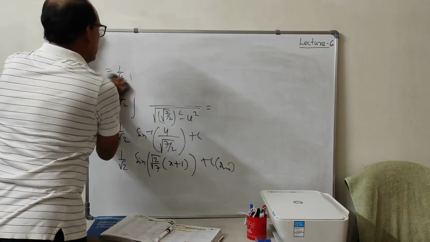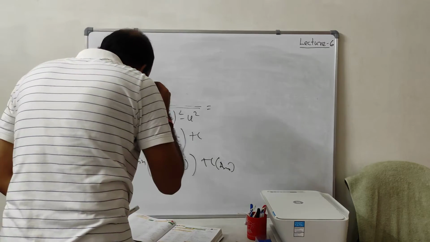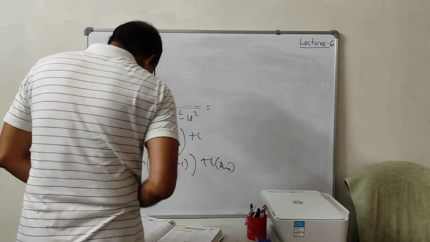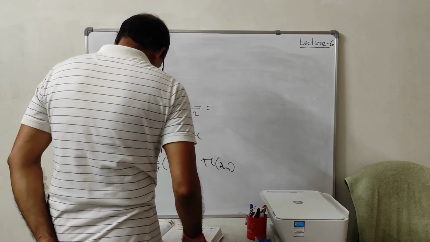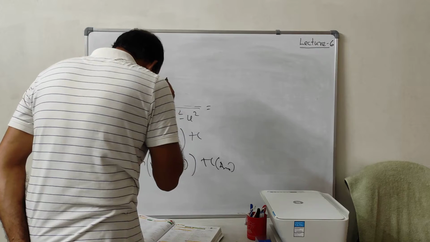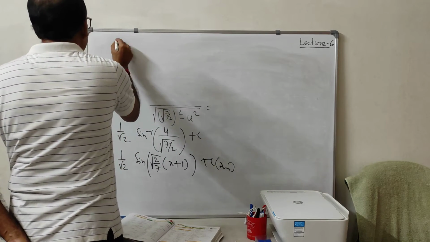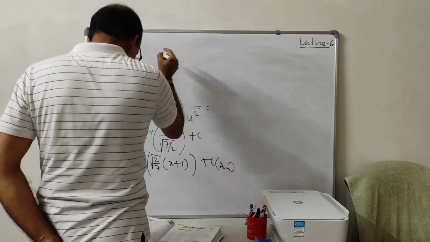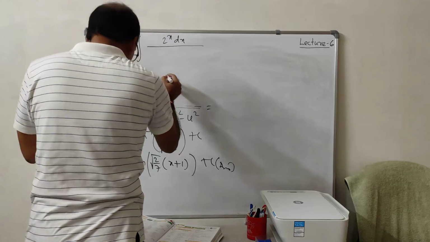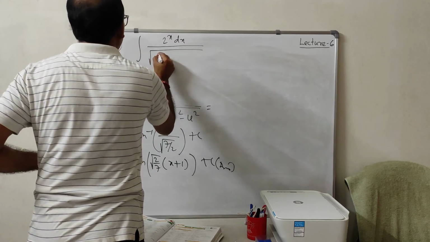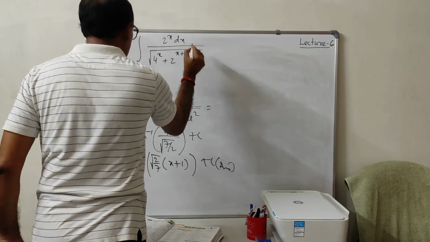Next, I take this problem: integration 2 to the power x dx over root over of 4 to the power x plus 2 to the power x plus 2.